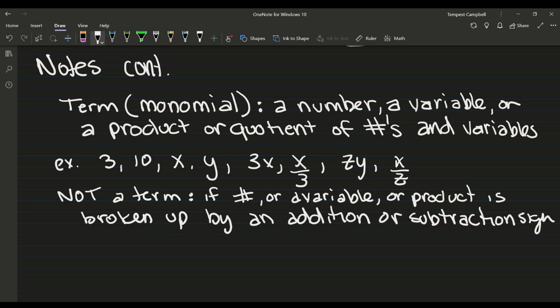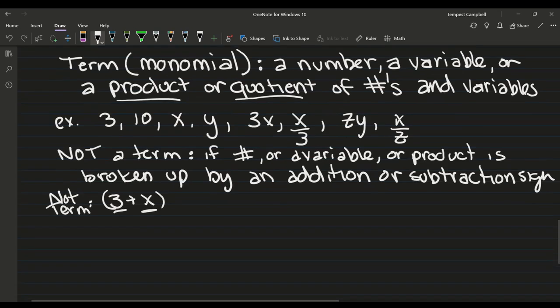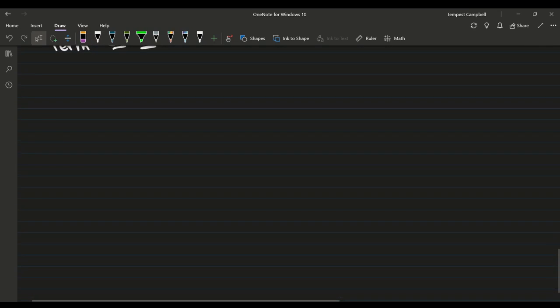So the idea is if I had 3 plus x, this is not. So not a term is this whole thing right here. What is a term is going to be what's inside, the 3 and the x. We say those are terms, right? But the whole thing is not a term. Okay? So a monomial or a term is just a number, just a variable, or some combination of those with multiplication or division. Okay? So now let's look at a little bit more.